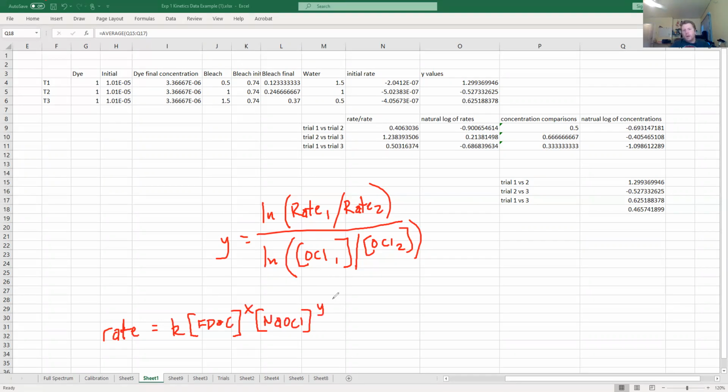We were expecting y to be 1 because we were expecting this to be a first order reaction. Well, our y value is 0.465.